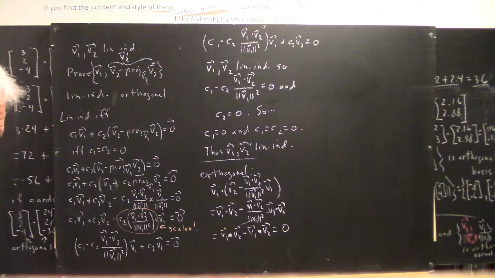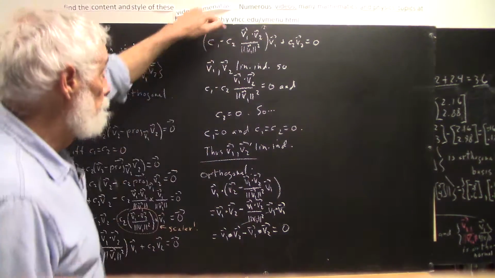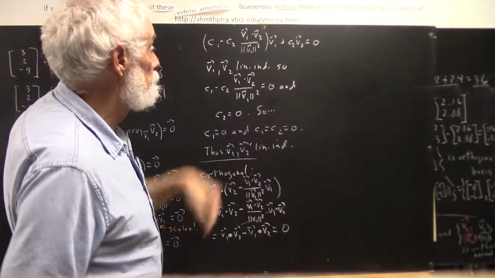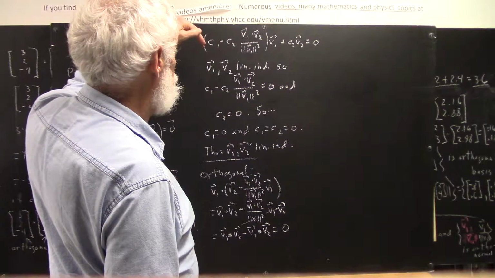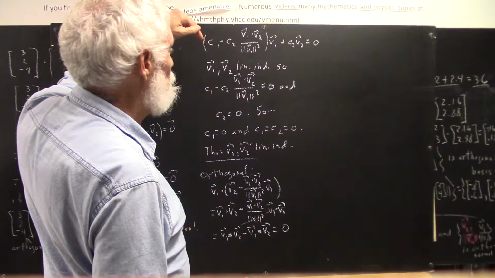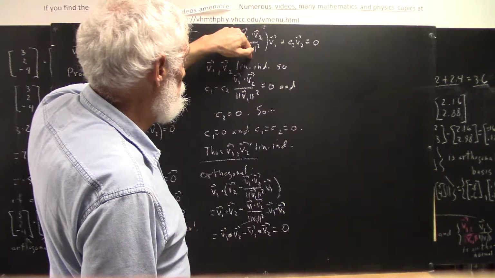Okay, well, where does that get us? We want to establish that C1 and C2 both have to be 0. Well, let's rewrite this up here, same equation. So we use the fact that V1 and V2 are linearly independent.